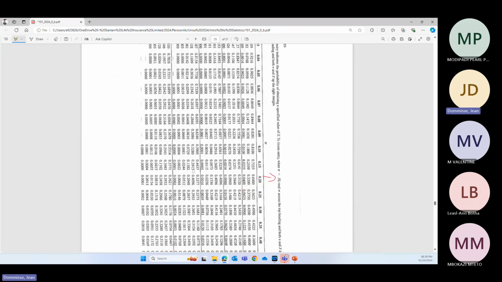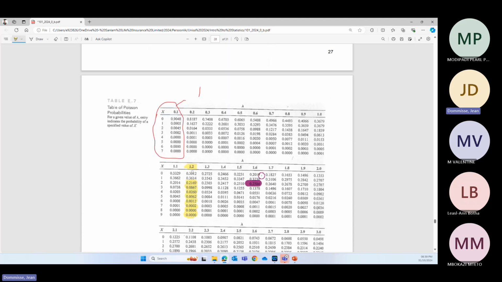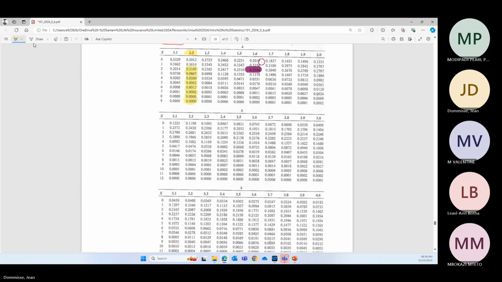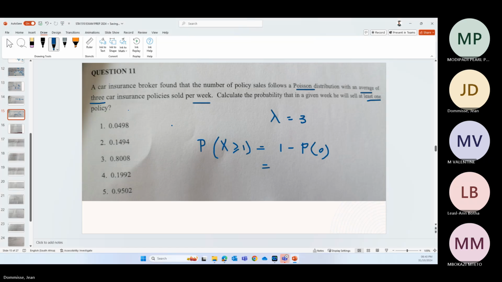So lambda is equal to 3, because that's the average. The probability of 0 is 0.0498, so it is 1 minus 0.0498, which is equal to 0.9502, which is option 5.